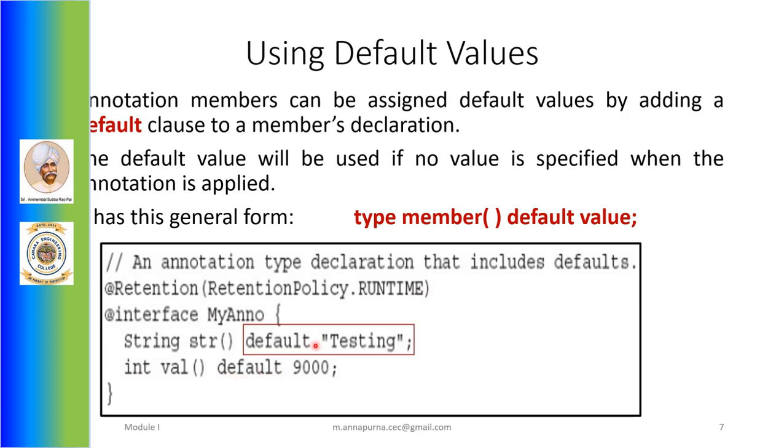This declaration gives a default value testing to str and 9000 to val. This means that neither value needs to be specified when the @MyAnno annotation is used. However, either or both can be given values if desired.